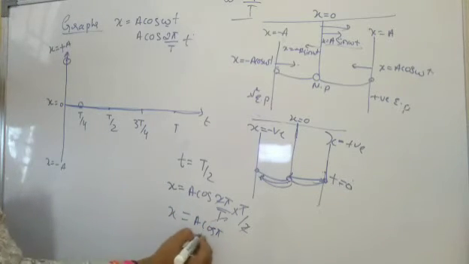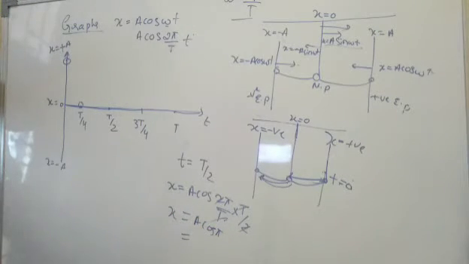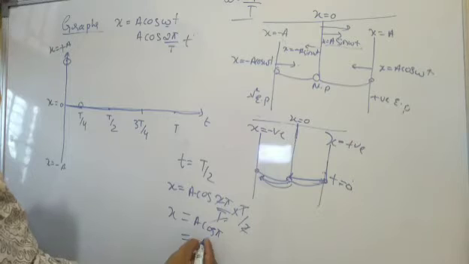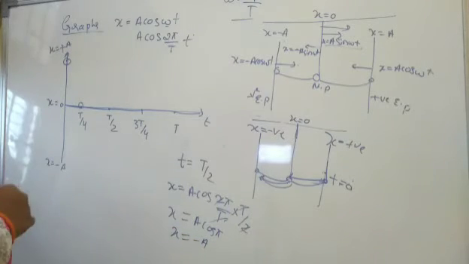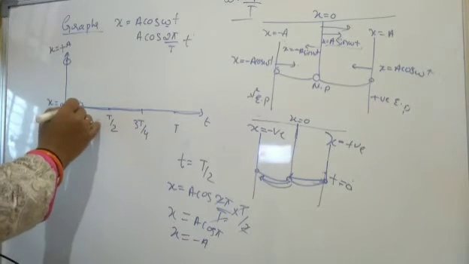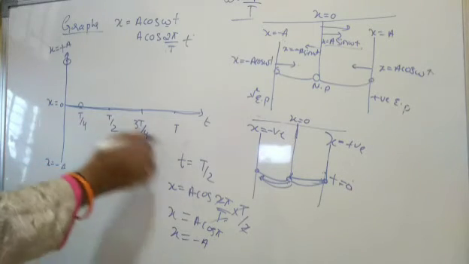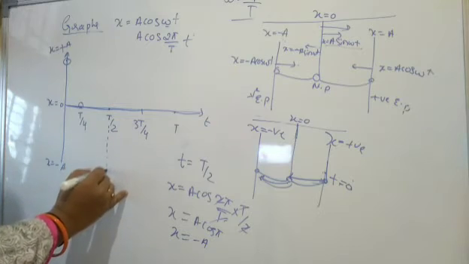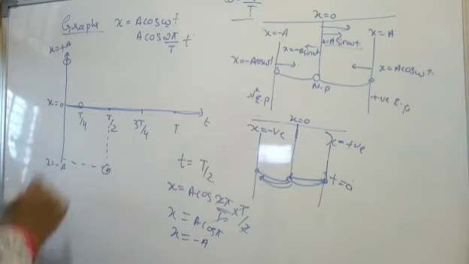So cos pi, 180 degrees, is a minus 1. So x is equal to minus a. So at t by 2, it is at the negative extreme position.